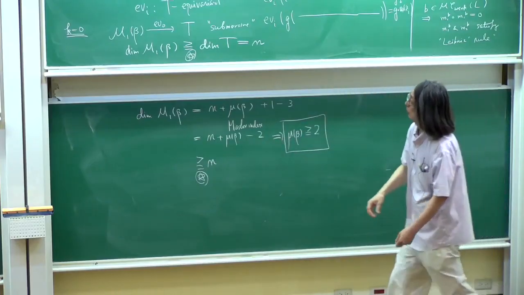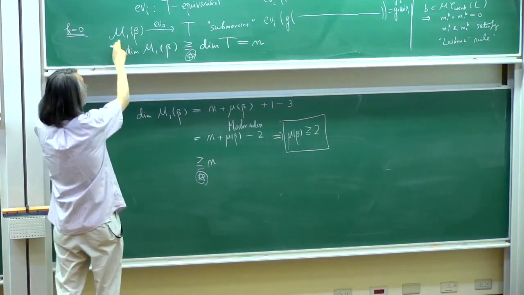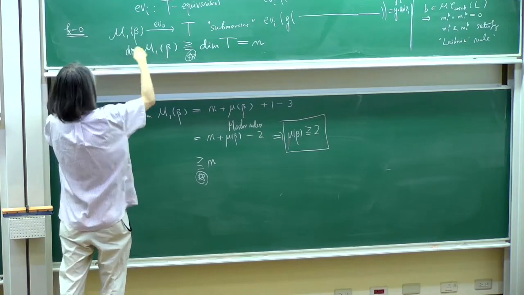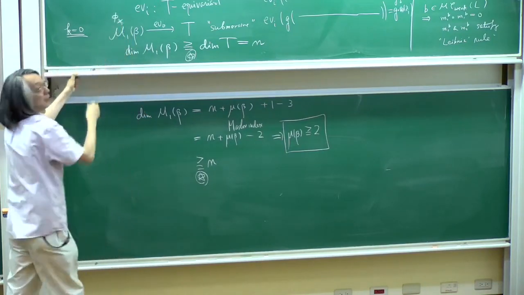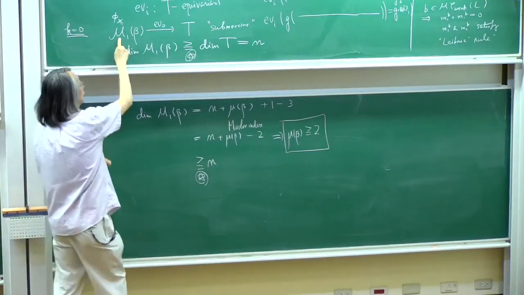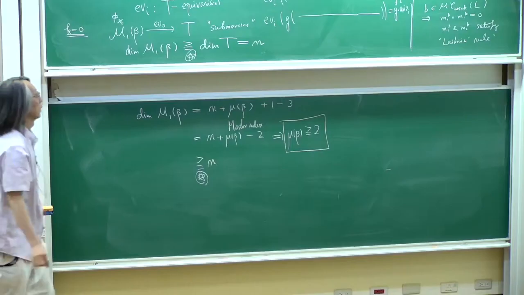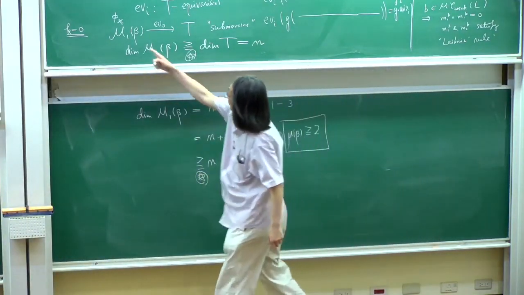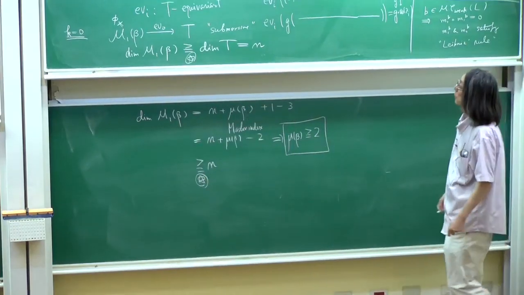So what I'm saying is, if it is empty, certainly you don't have anything, so it is an empty statement. But let's suppose that this is non-empty, and then you have one point here, and then map to here, and then it's submersive, and so on. So if this is non-empty, then mu beta must be at least 2. Okay.